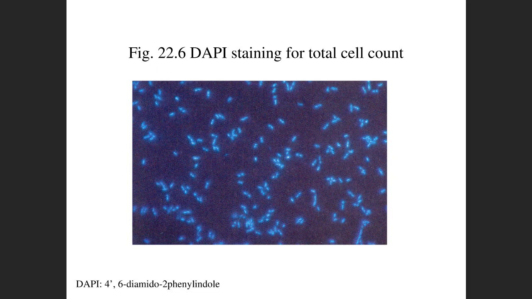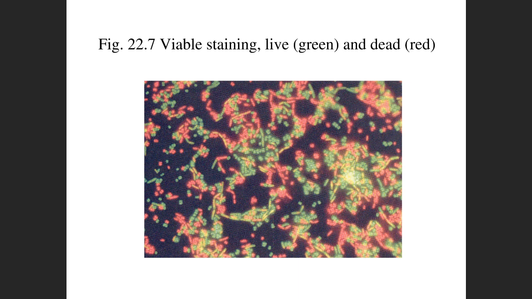So if you want to count the total number of cells, you can count DNA. You can use a fluorescent stain called DAPI, which basically binds to DNA molecules and shows blue fluorescence. And so each blue spot represents a bacteria. And you can also use what's called a viable stain. The living bacteria will be green, and the dead bacteria will be red.